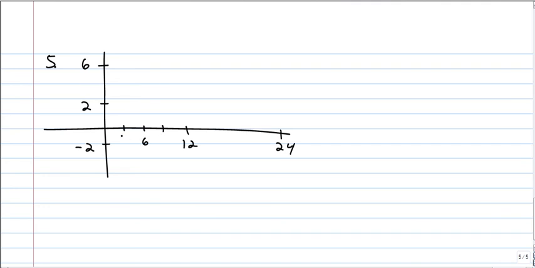12, 6, 3, 9, 15, 18, 21, 24. Okay, so one period is 12 hours. So the graph's going to start to repeat itself. There. Points on the graph. Let's see, -2. Let's see, it's 6.